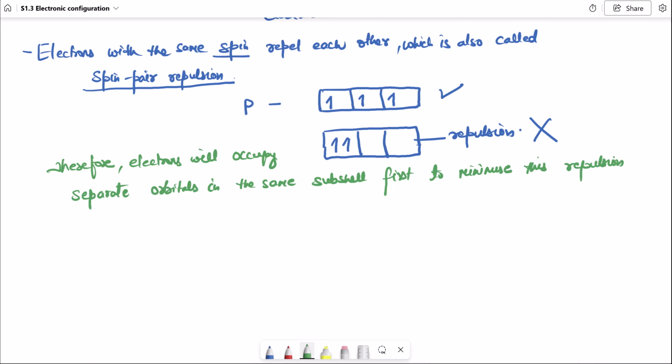And once repulsion is not there, they will be in a stable condition and have their spin in the same direction.